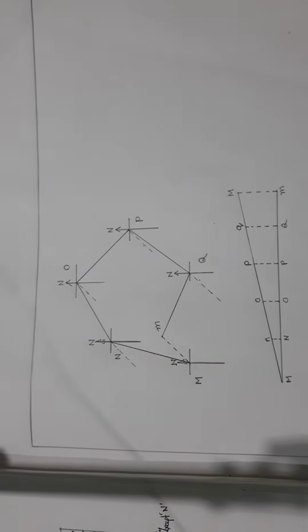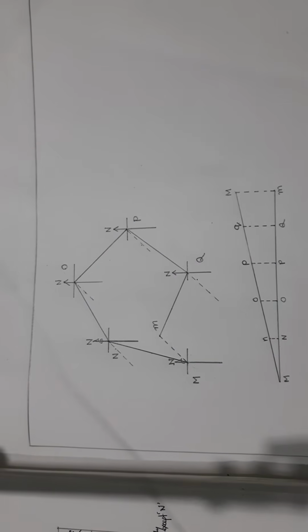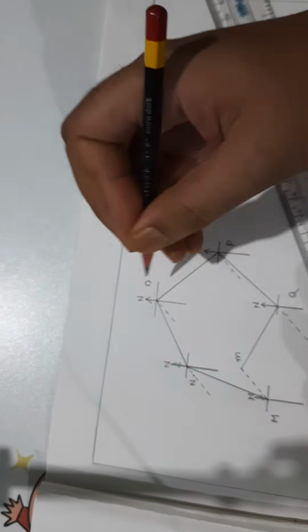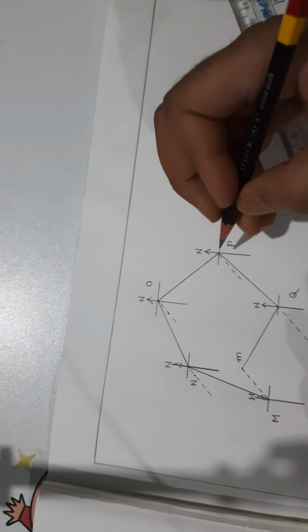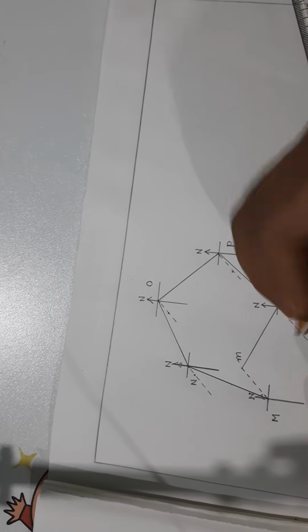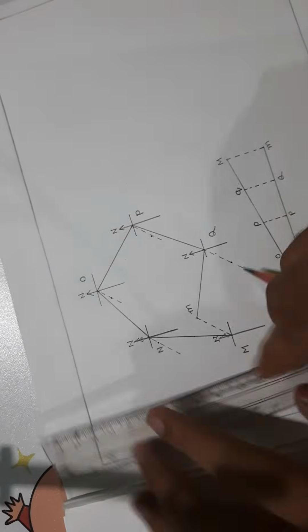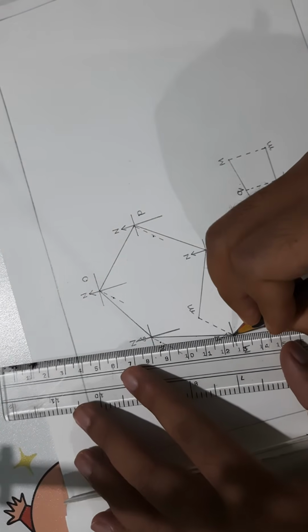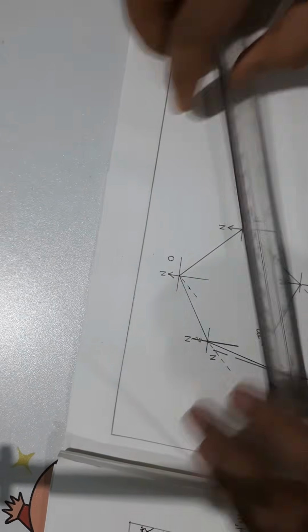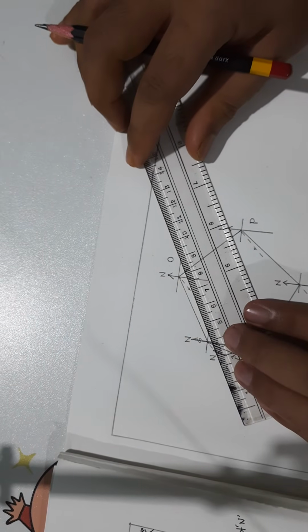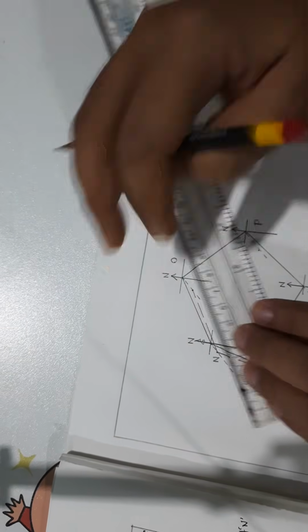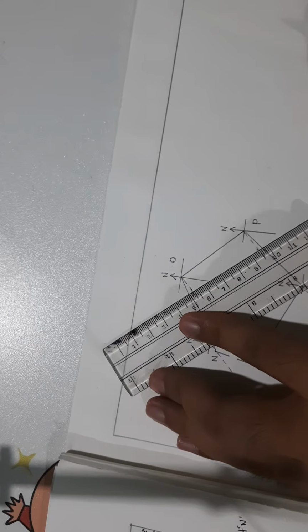Next, join all these points. So this is for N, then O, this is for P, and this one for Q. The starting point is okay, so I am drawing this line, then this one, then this one.